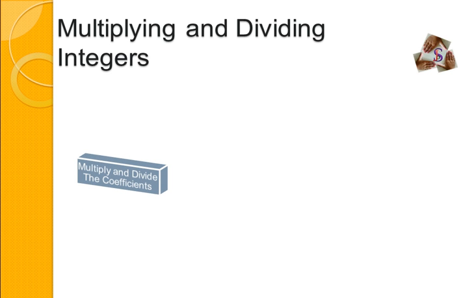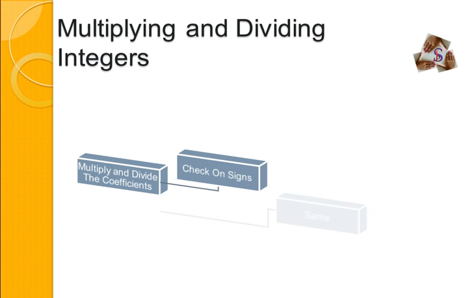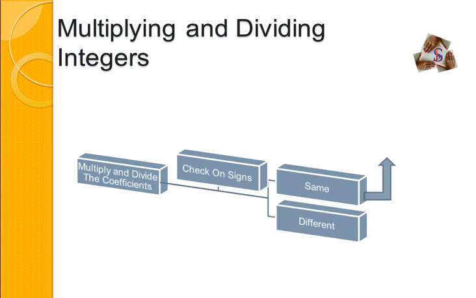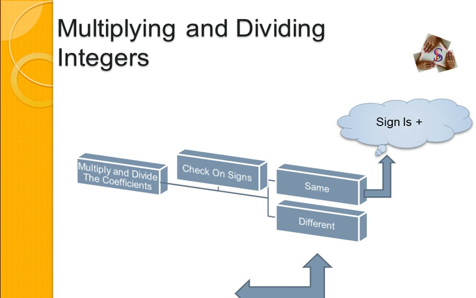We will multiply and divide the coefficients. Step 2. We will check on the signs. Are the signs the same or are the signs different? If the signs are the same, the final sign that we will put is positive. If the signs are different, the final sign that we will put is negative.